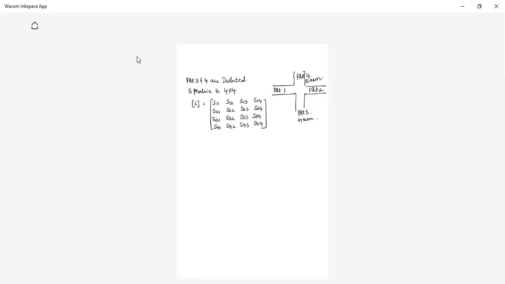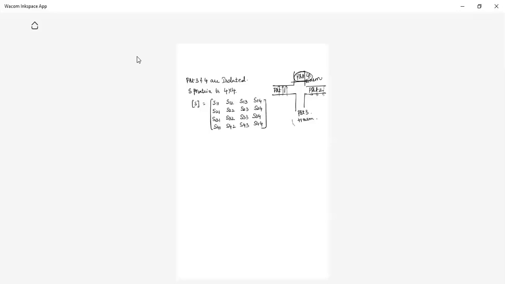Okay, so here, what are the input ports? Let us suppose I apply the input at port 4. It is divided in port 1 and port 2 equally with the same magnitude, but 180 degrees out of phase.